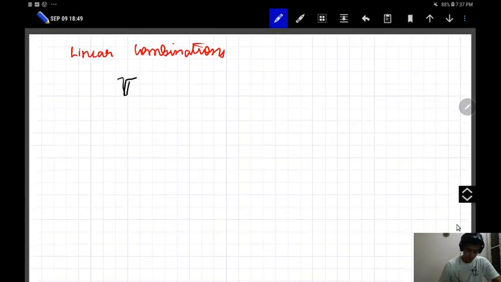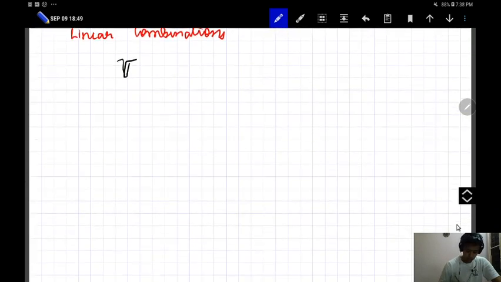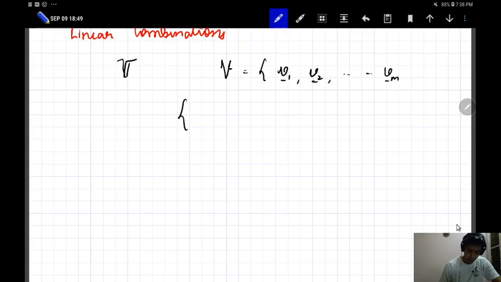Okay, so given a vector space V, let us consider the set of all linear combinations. So let's consider a subset, let me call it script V. So consider a subset of vectors v1, v2 up to vm. So let's assume that I take m vectors from this vector space.